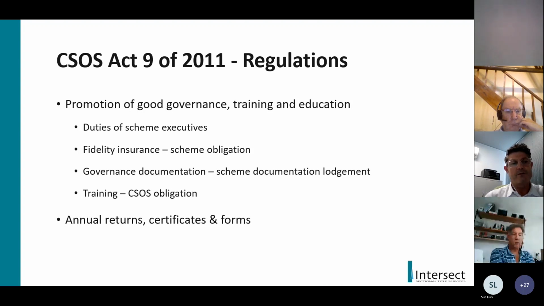And then also it deals with annual returns, certificates, and forms. So it provides the necessary certificates, for instance, when rules are changed, and then the forms that need to be completed and the way that they need to be completed when you do apply for relief.